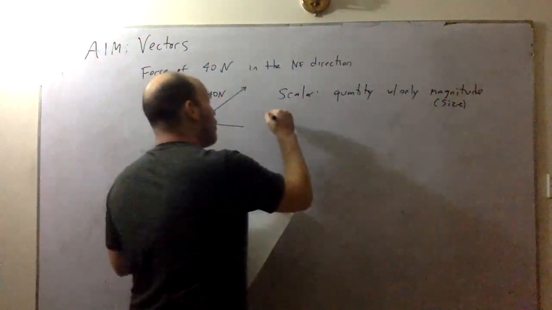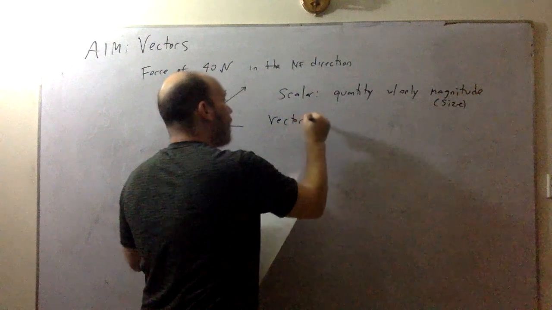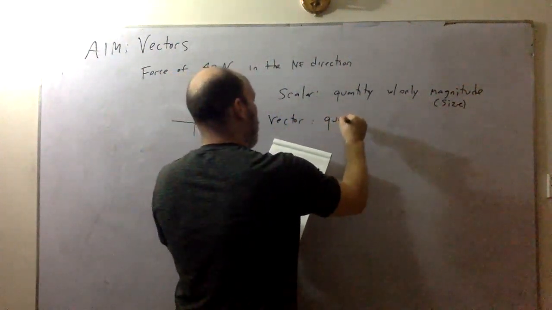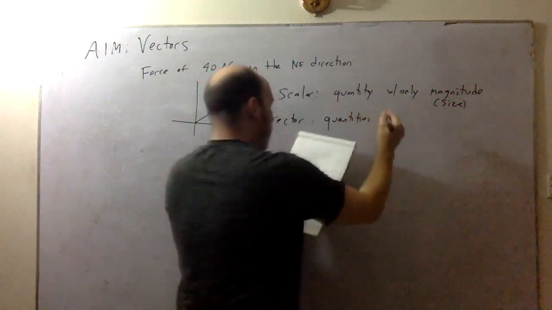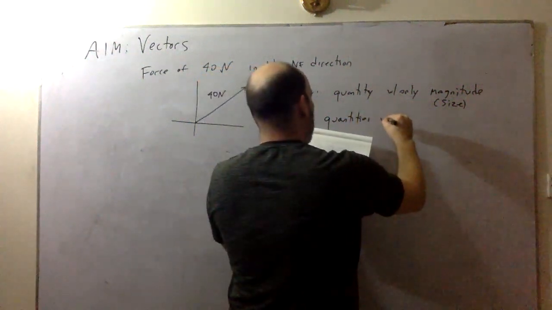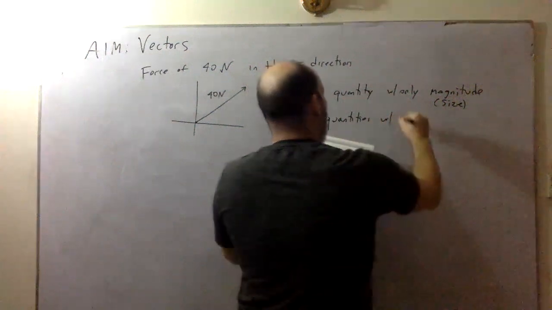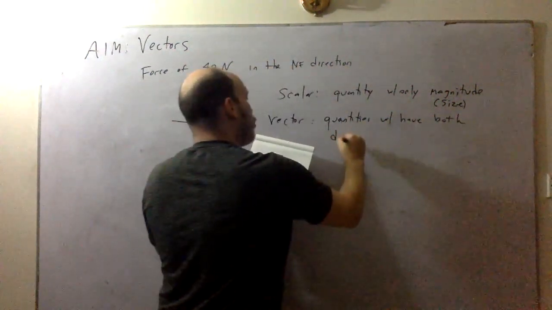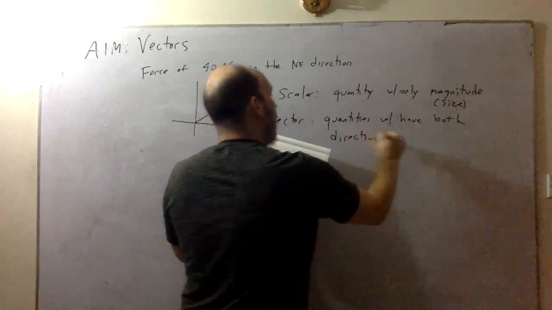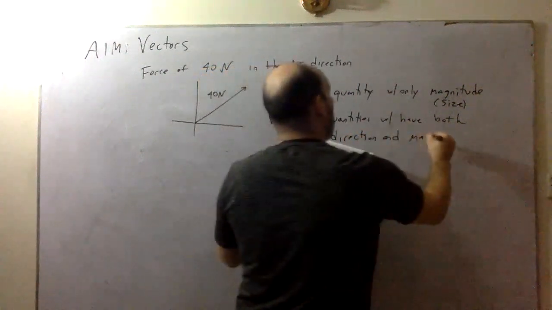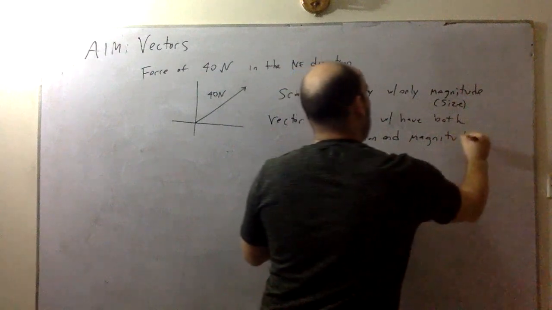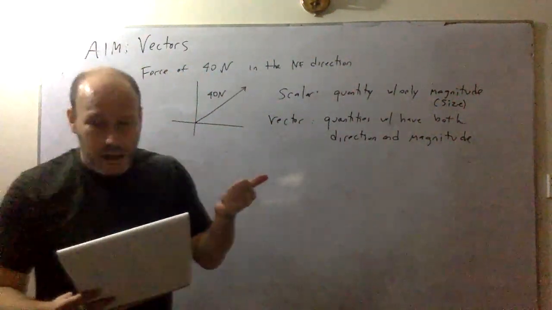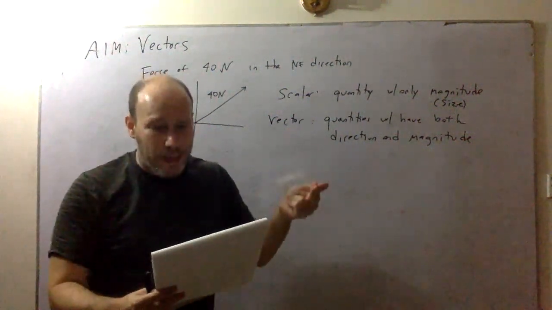A vector, which is what we're going to focus on, is a quantity or quantities which have both direction and magnitude. Examples are velocity, acceleration, force, displacement, momentum.